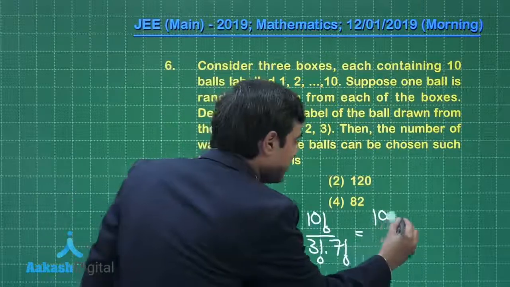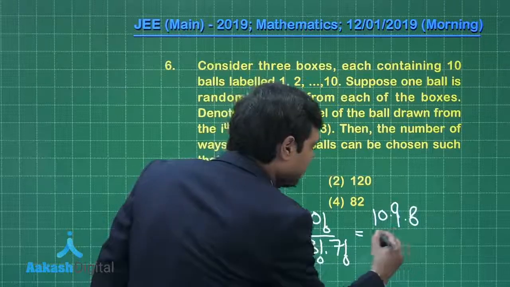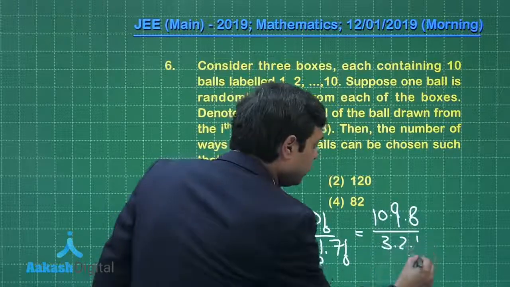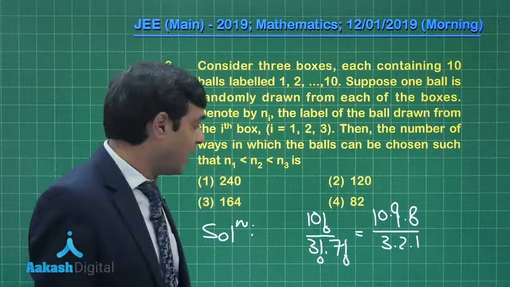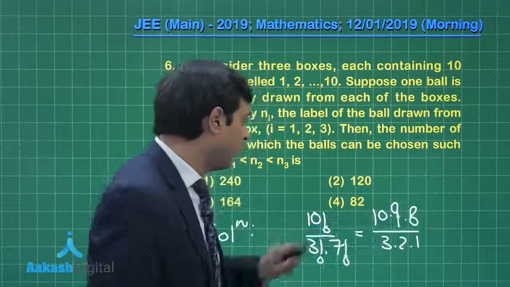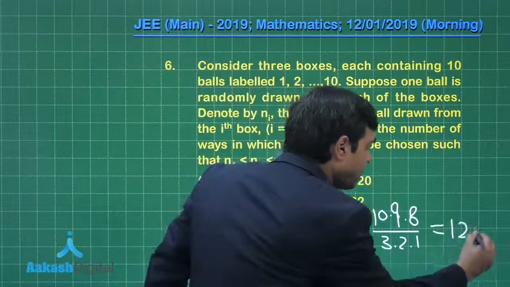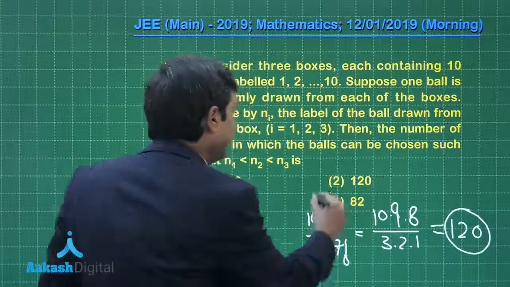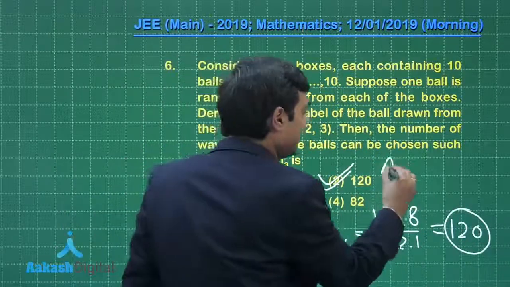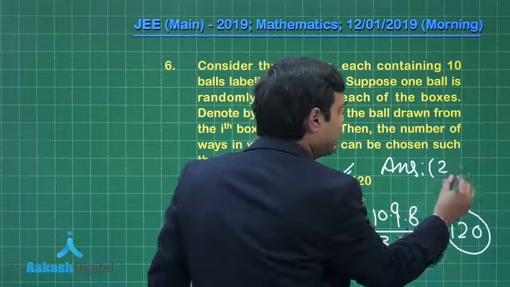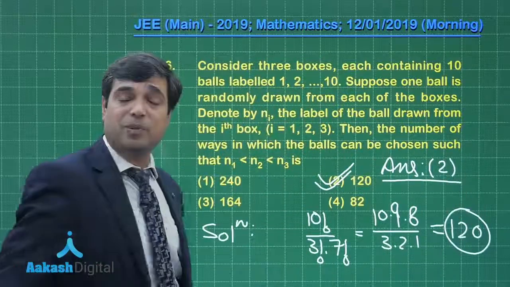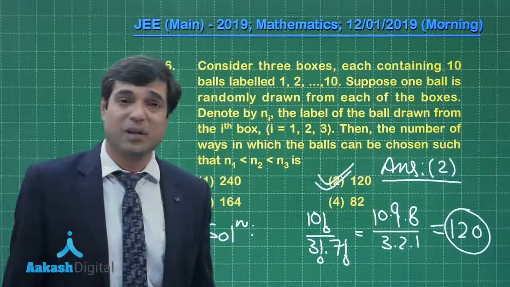That gives us 10 into 9 into 8 divided by 3 into 2 into 1. Cancelling, this is 3 into 4, that is 12 into 10, or simply 120. So the required number of ways is 120. The correct answer is option number 2. I am sure this question is clear. Let's move on to the next question.